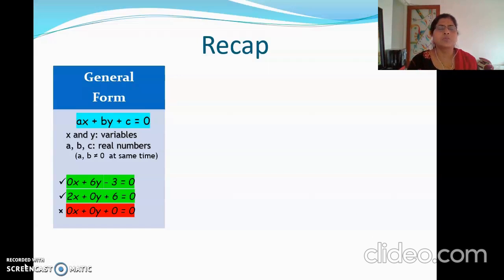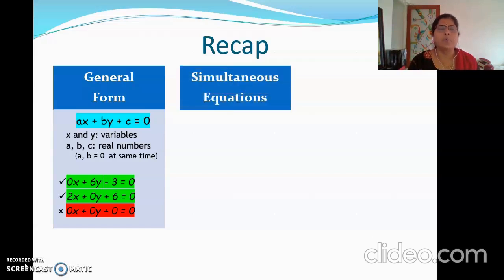Hence, in these first two examples, 0x + 6y - 3 = 0 and 2x + 0y + 6 = 0 are linear equations where the value of either a is 0 or the value of b is 0, but both are not 0. But 0x + 0y + 0 = 0 is not at all a linear equation.